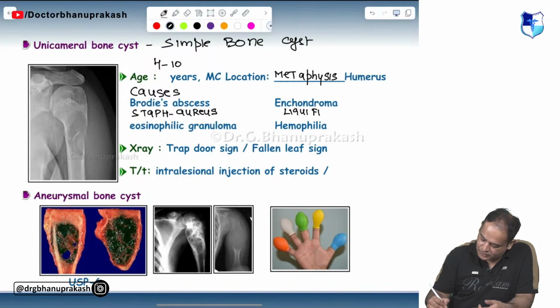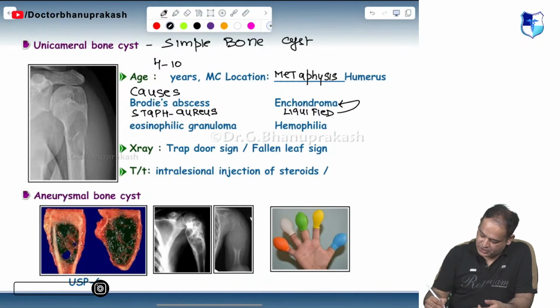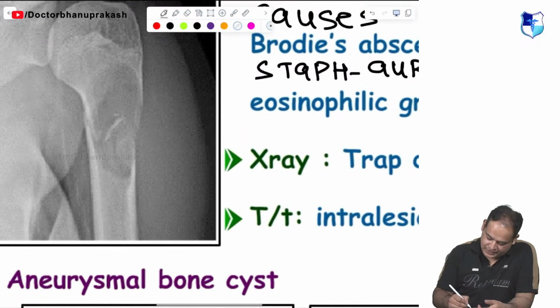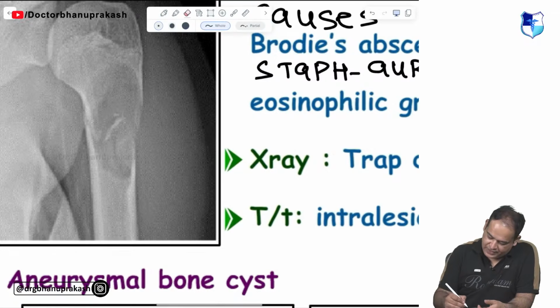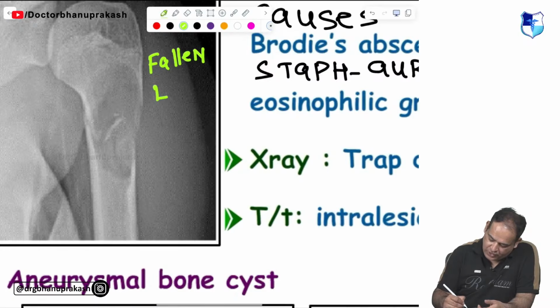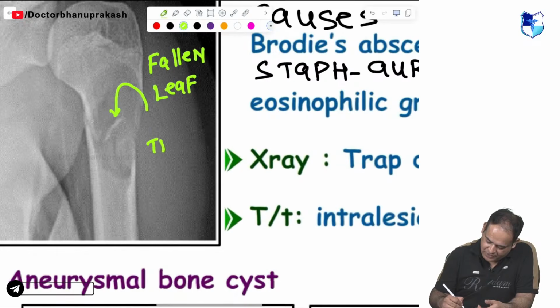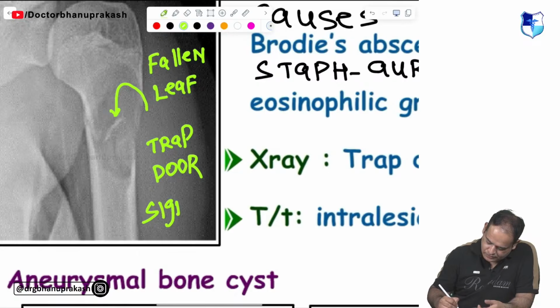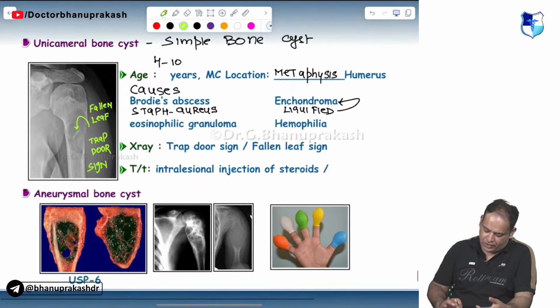Liquefied enchondroma, it will give rise to cyst. Hemophilia, it will also give rise to cyst. Now, X-ray, it will give rise to fallen leaf sign, also called as trap door sign.